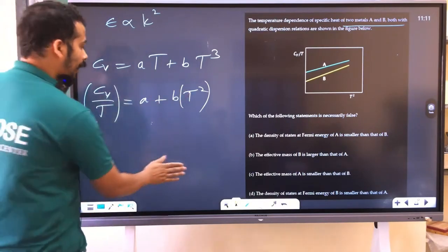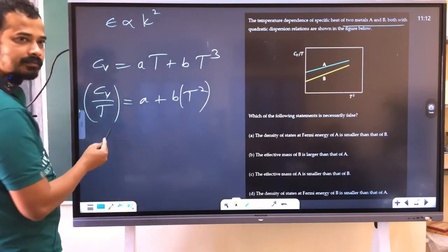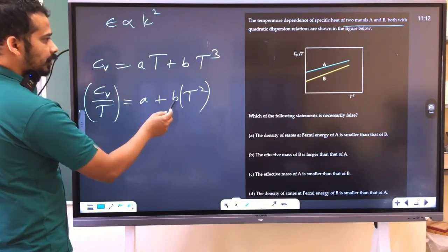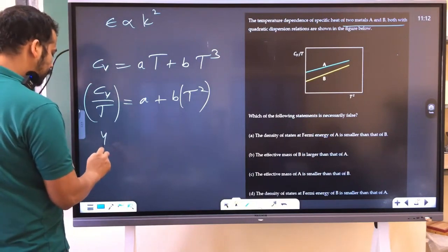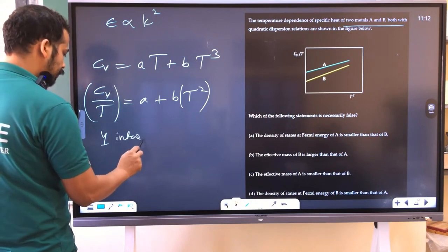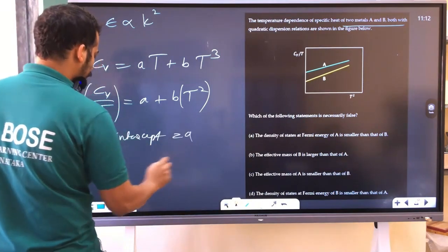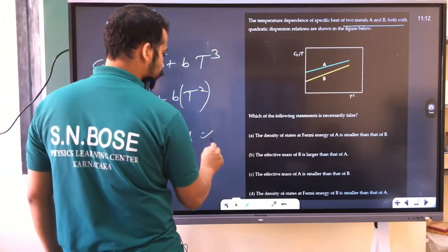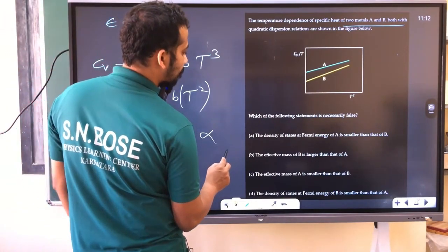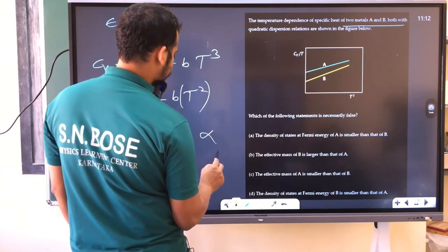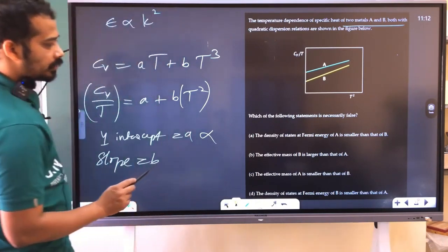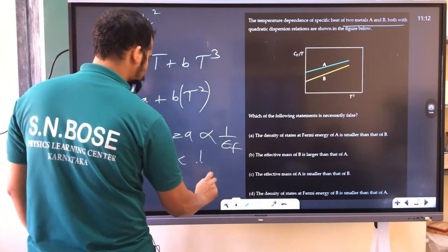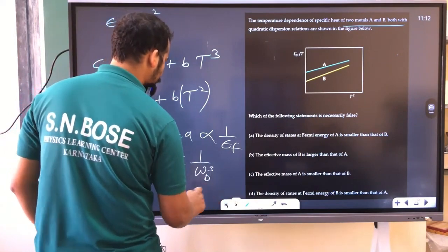Now look here. The y-intercept is A, and the slope is B. This A is inversely proportional to the effective mass also, and to 1 by EF, the Fermi energy. B is inversely proportional to omega D cubed or theta D cubed, isn't it?